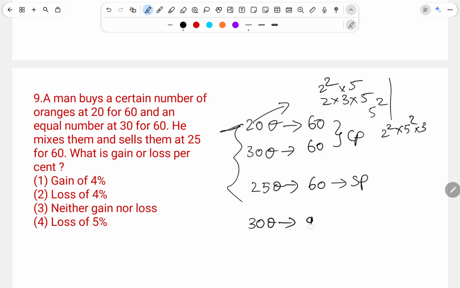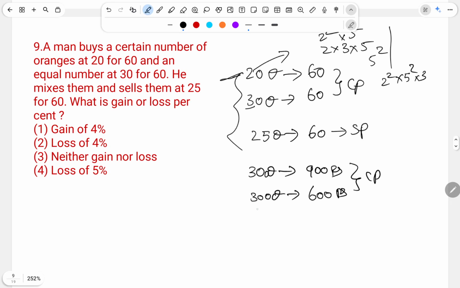300 oranges, 900 rupees. And 300 oranges into 10, 600 rupees. This is CP. Add the total CP. 600 oranges, 1500 rupees. Make this number 600 into 24. We need to multiply.